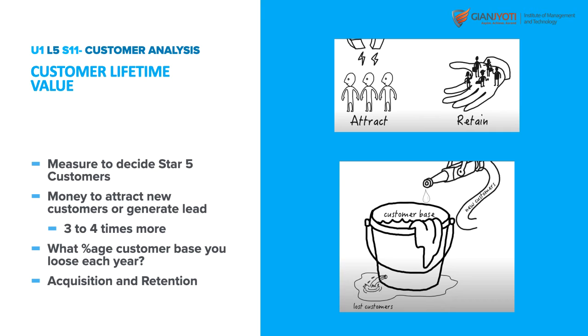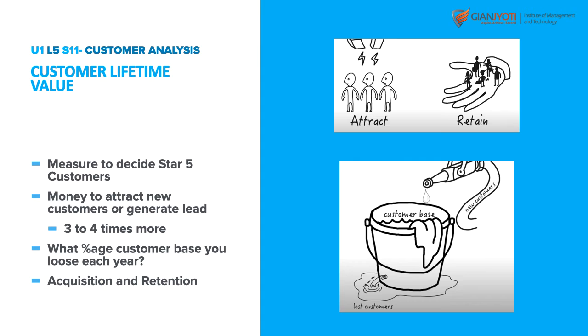That is what we call your customer base. Each drop that you pour in is a new customer which you keep on adding. And there is a hole at the bottom of the bucket. These are your lost customers, which you are losing.